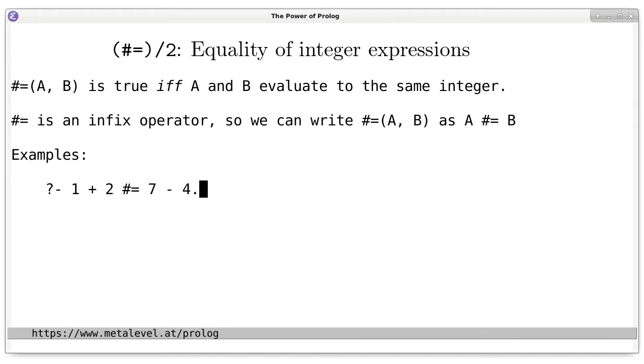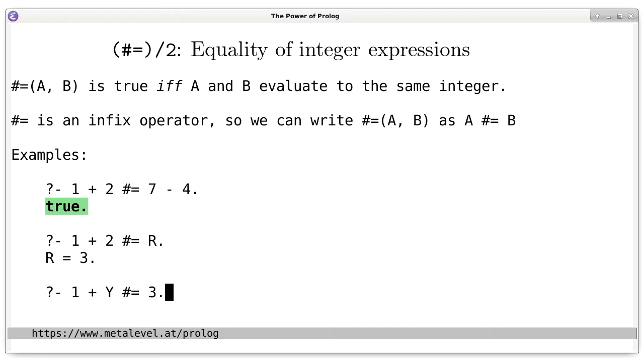So, for example, we can ask, is it the case that 1 plus 2 evaluates to the same integer as 7 minus 4? And yes, this is of course the case. We can also ask, is there some integer R such that R is equal to 1 plus 2? And the system says, yes, R = 3 is the only solution.